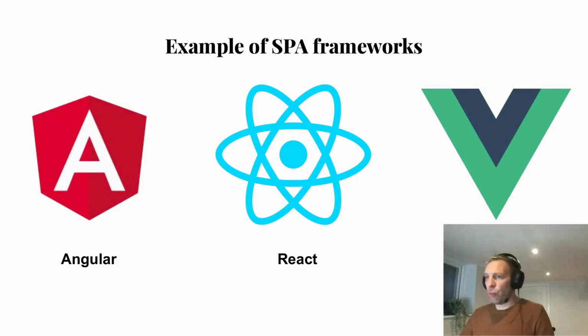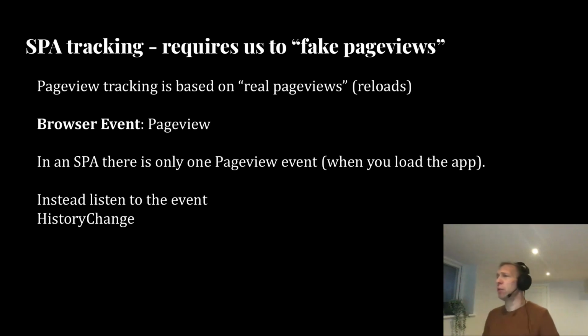All right, so when it comes to tracking these applications or working with them in general, it requires us to think differently, because page views are kind of the foundation of web analytics, or the web, I should say, not the internet. The web is basically based on page views and links. And since we don't really have that, we need to fake these page views.